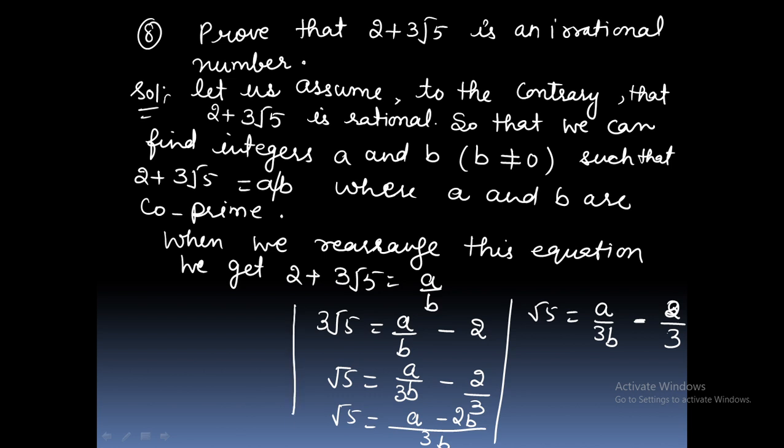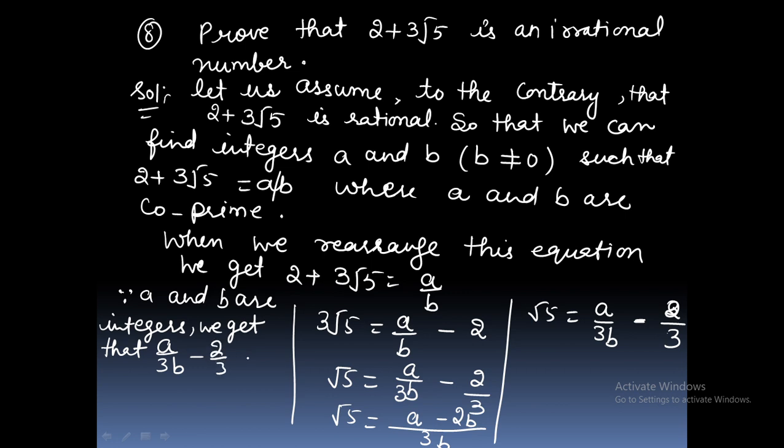Now we will write here, because a and b are integers, we get that a over 3b minus 2 over 3 is rational, and so root 5 is rational.